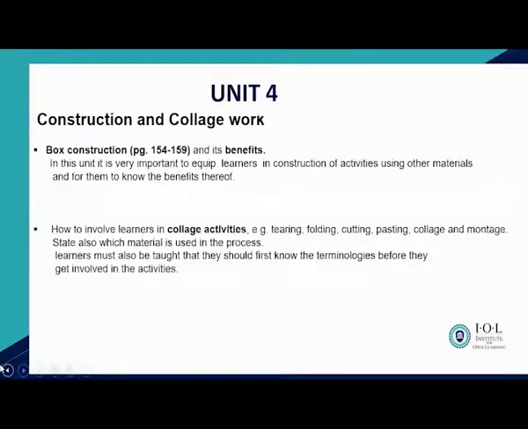And when we talk about collage activity, I'm going back a little there. Tearing, what do you do? What do you tear? Folding, cutting, what type of things can you cut? If it comes to pasting, what do you need? Maybe glue, a piece of paper, all those things. Please take in mind and describe the things accordingly.